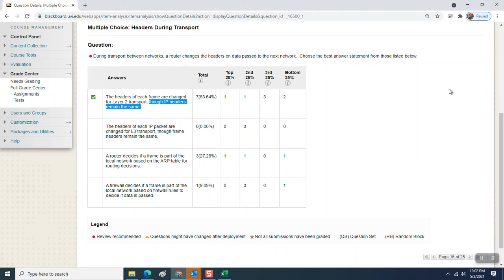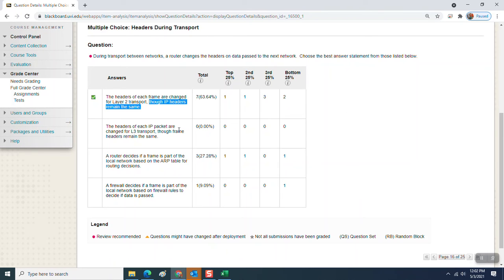The IP headers are not changed along the way. They're preserved during transport, but it's the layer 2 headers of the frame, source and destination, that allow an IP packet to get from the source all the way to the destination.